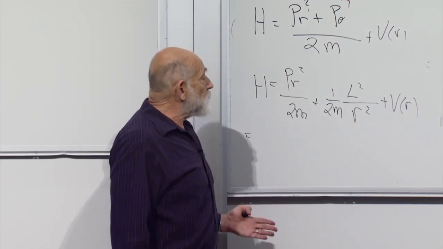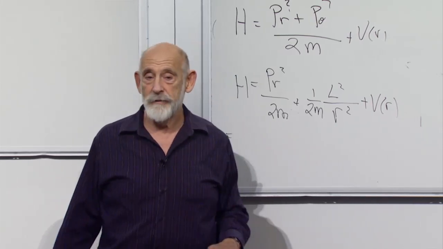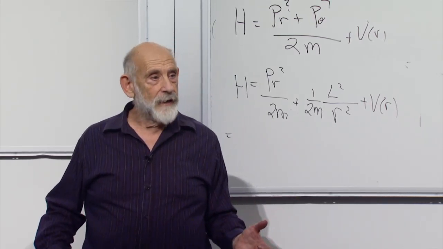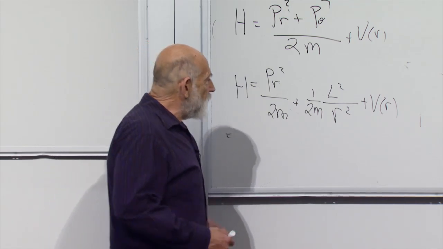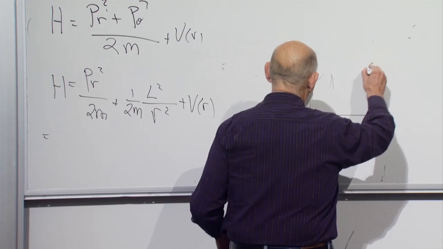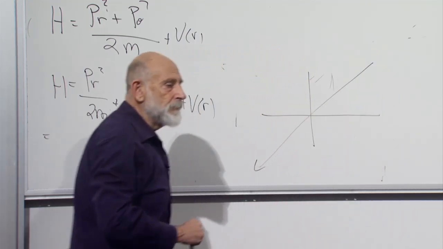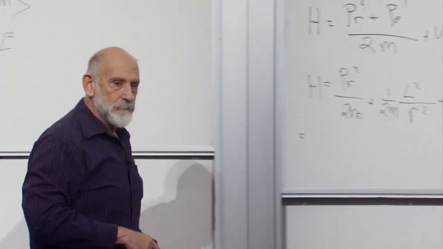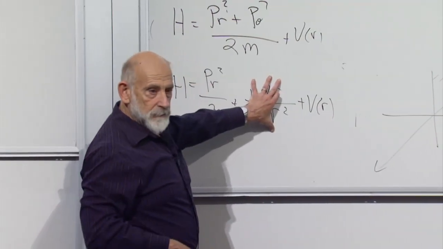There's only one situation where it's not there. When is it not there? For L equals 0, right? For L equals 0, we're talking about an orbit which just goes through the origin, back and forth through the origin. It has no angular momentum, and this term isn't there.